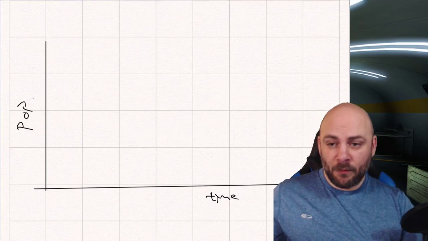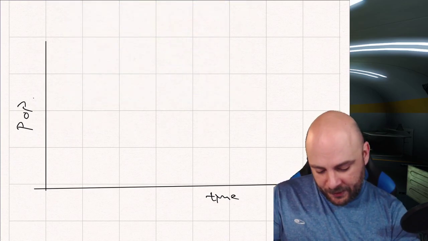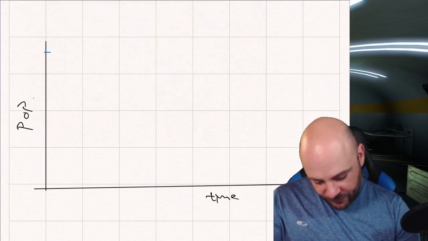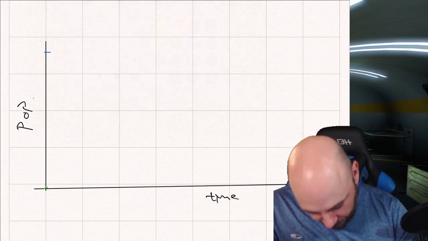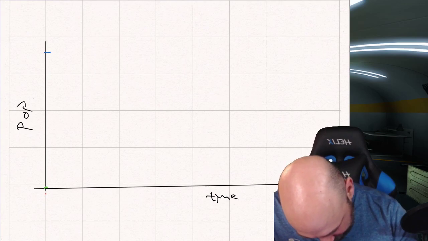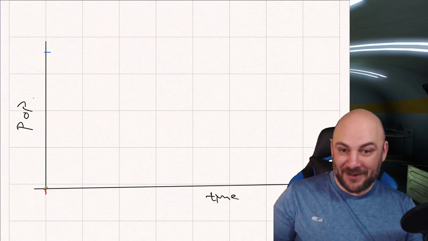Now, what usually happens in these situations is we start out with a whole bunch of susceptible individuals. We start out with just a small amount of infection, something above 0, and we start out with no recovered individuals. So we're at 0 for R, okay?